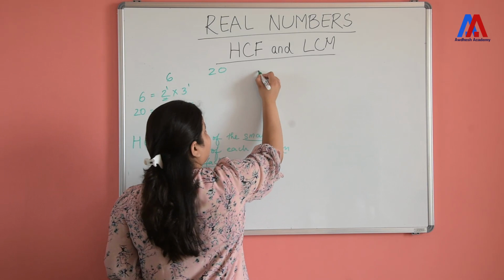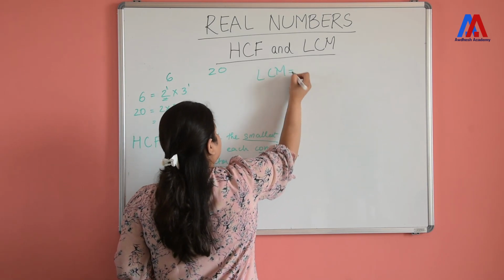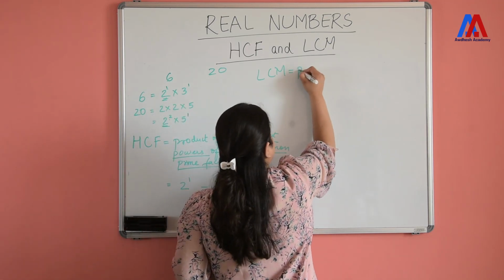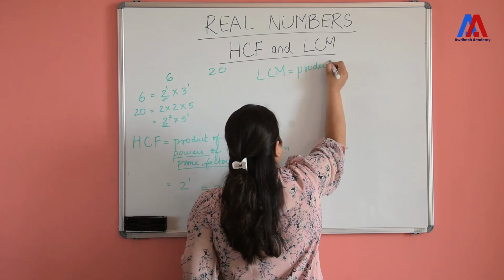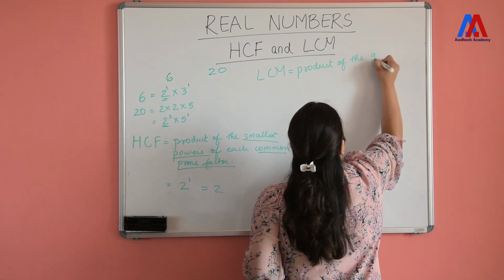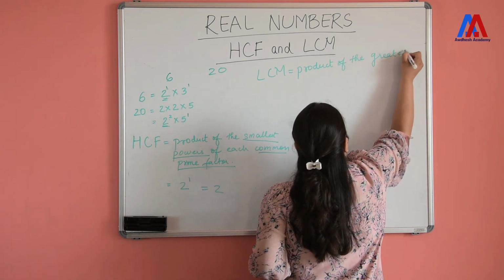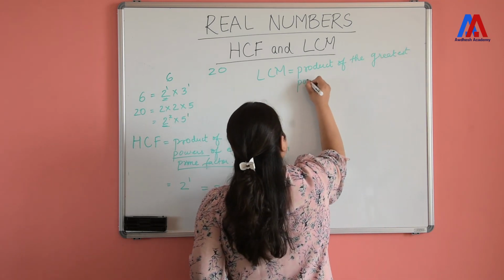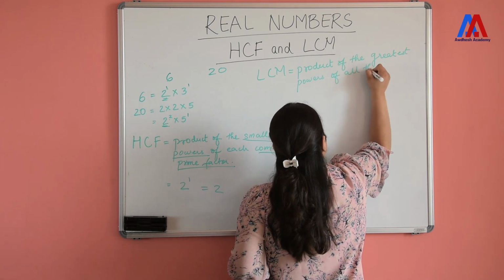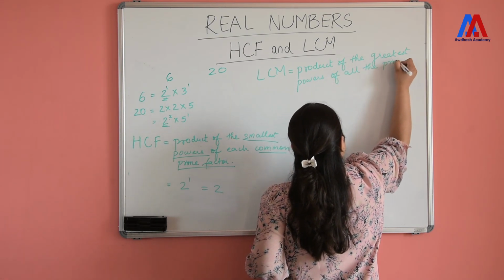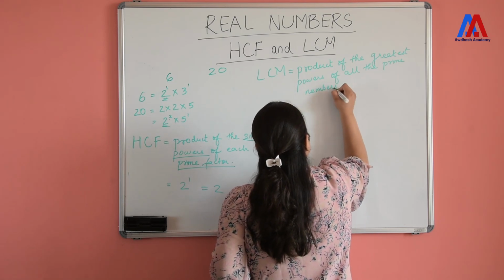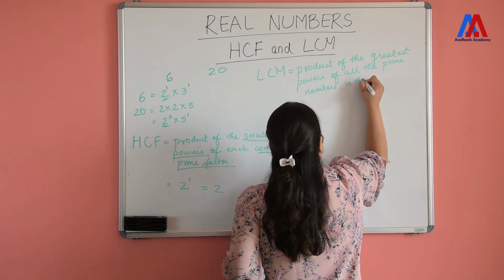Now next we have LCM. LCM in the prime factorization method is defined as the product of the greatest powers of all the prime numbers in the factorization.